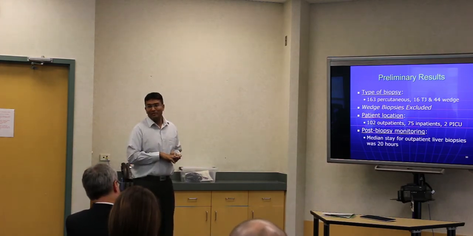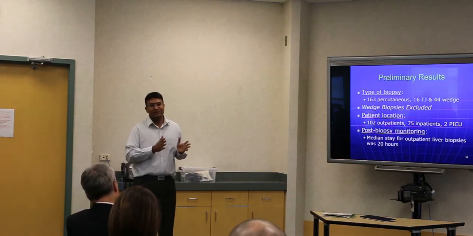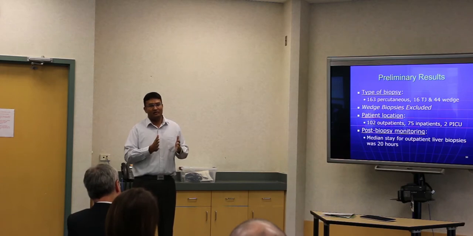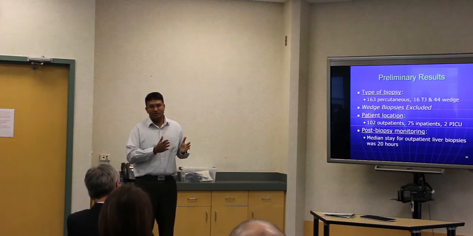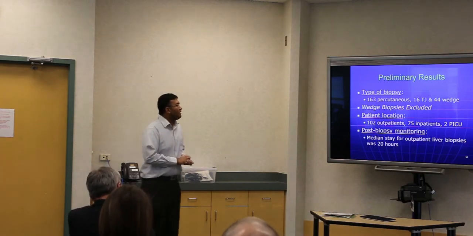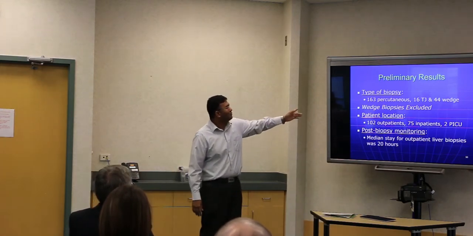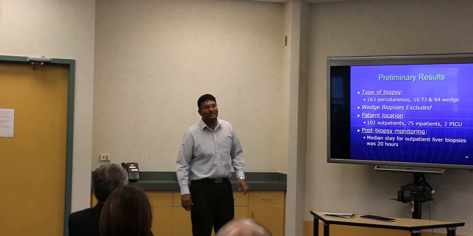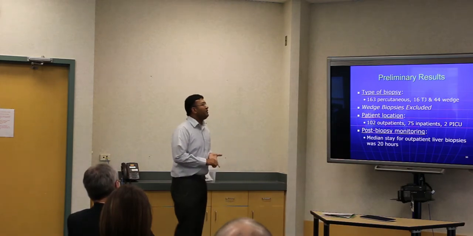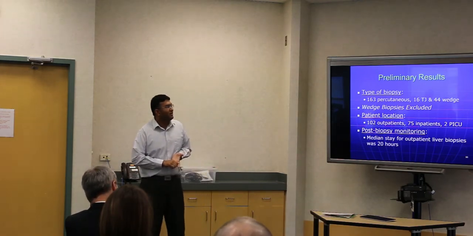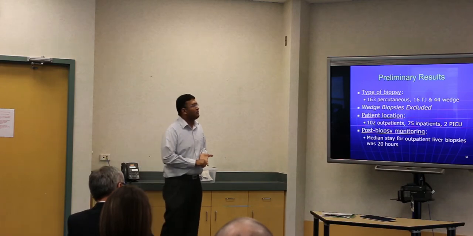We excluded wedge biopsies from the study, considering that they were a different subset of patients who had these biopsies taken during a surgical procedure. So we had 163 plus 16, which was 179 patients: 102 were outpatients, 75 inpatients, and 2 from the PICU.